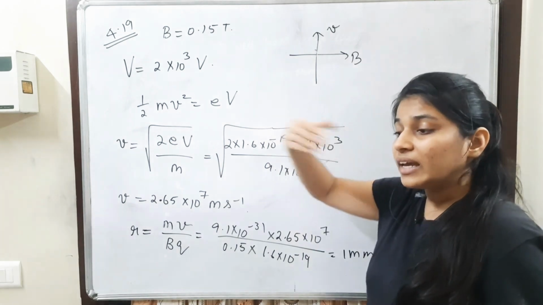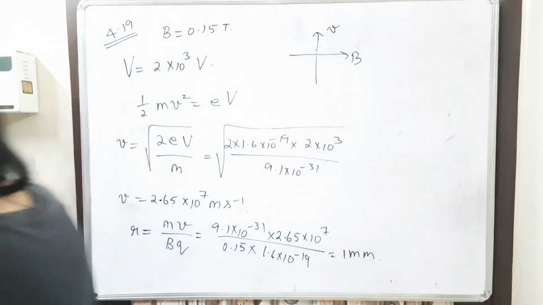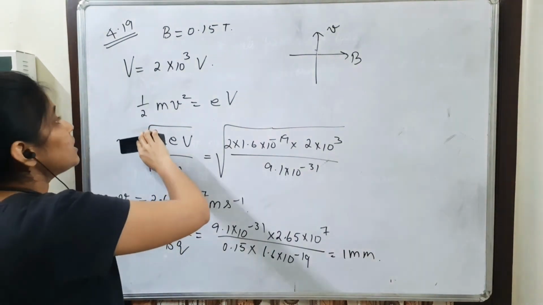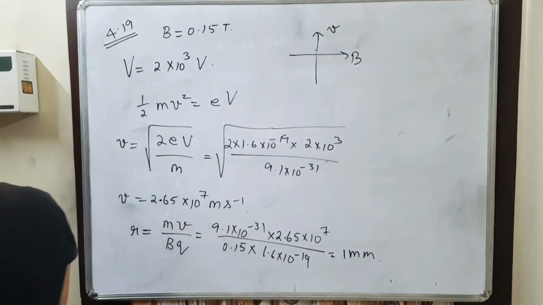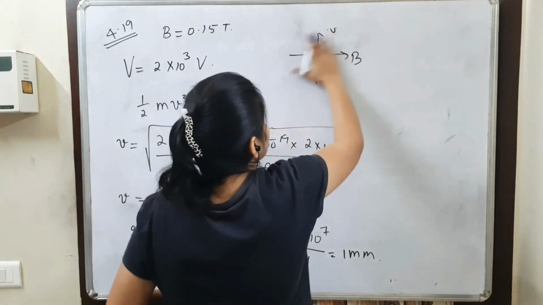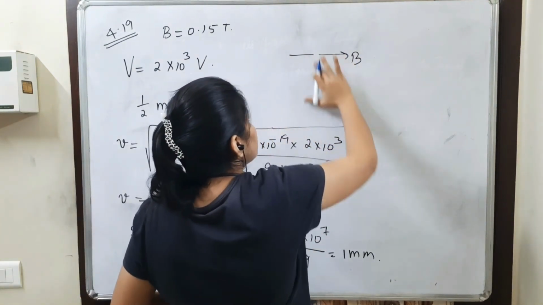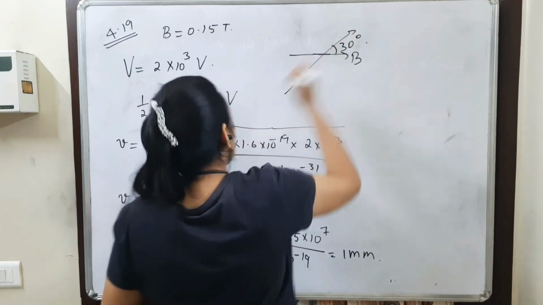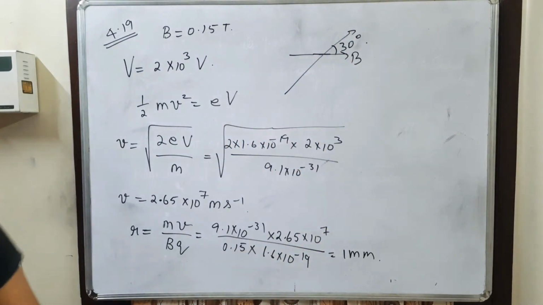Now in the second question, they are asking what will be the trajectory if the magnetic field and the velocity of the particle are at an angle of 30 degrees. So instead of 90 degrees, now the velocity and magnetic field are kept at a 30-degree angle. What will happen in that case?